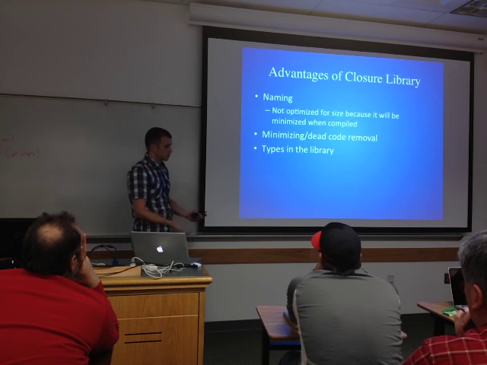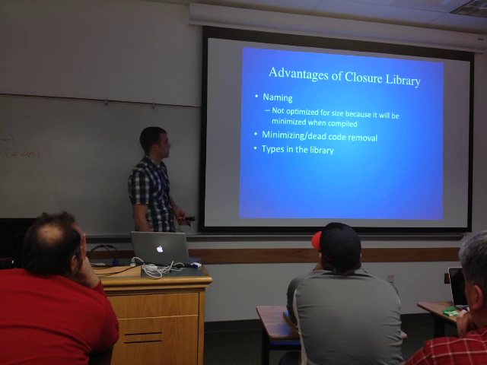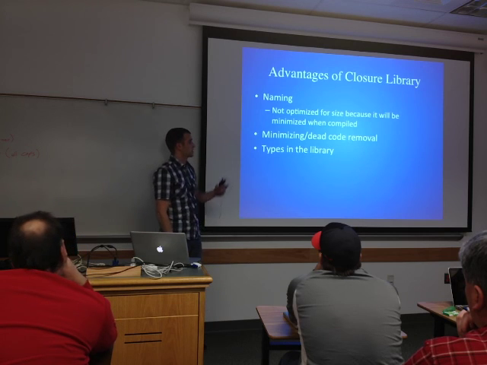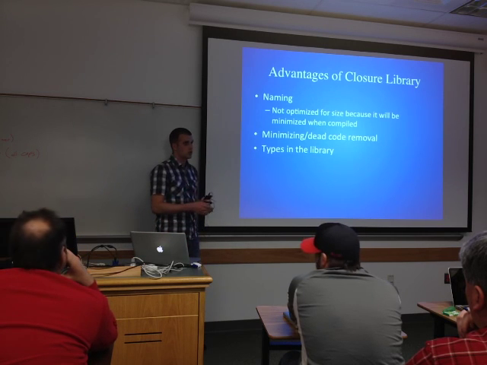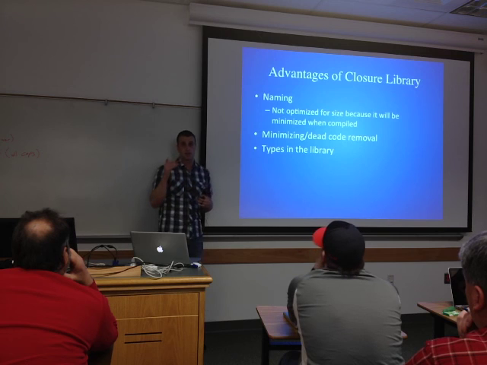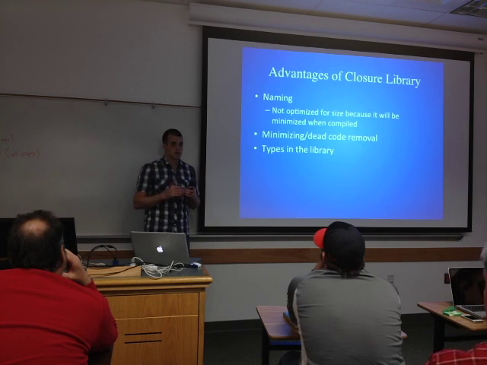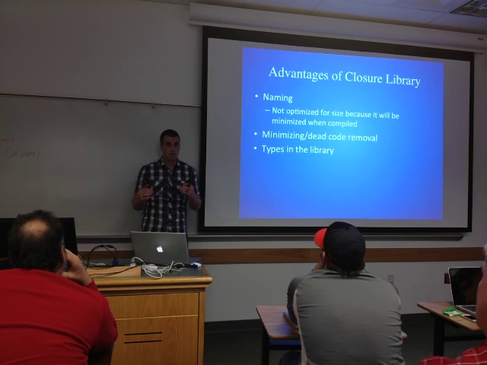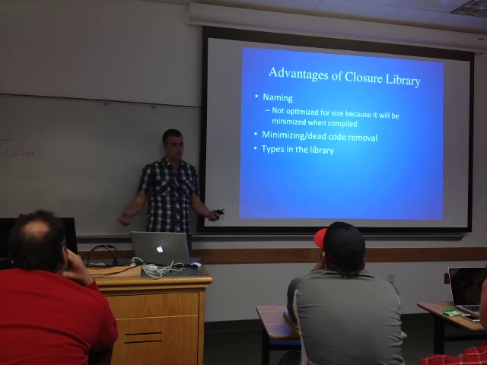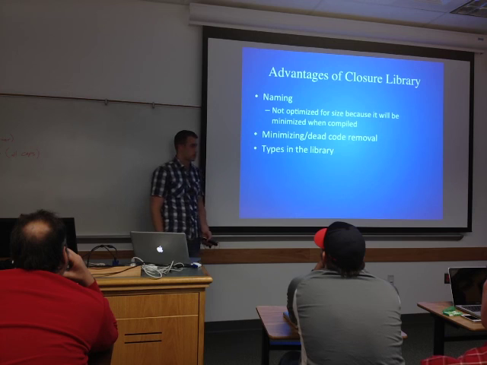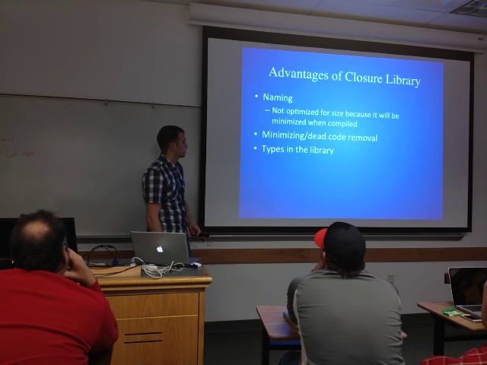It's going to optimize it during the compiling process. And once again, you get this minimizing, the dead code removal. You can include these libraries from the Closure libraries, and if you're only using one method of the datetime class, that's the only one that's going to end up in your code, if that's all you're using.